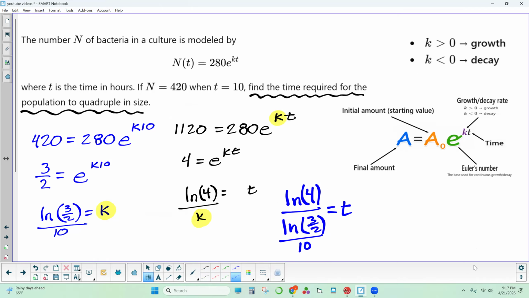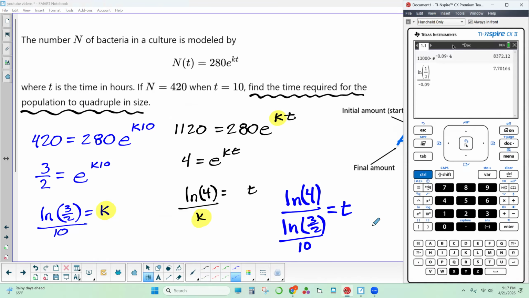So now let's put that into our calculators. We've got a complex fraction here. Up top, we're going to use natural log of 4 over, and we have a fraction in the bottom: the natural log of 3 halves divided by 10.